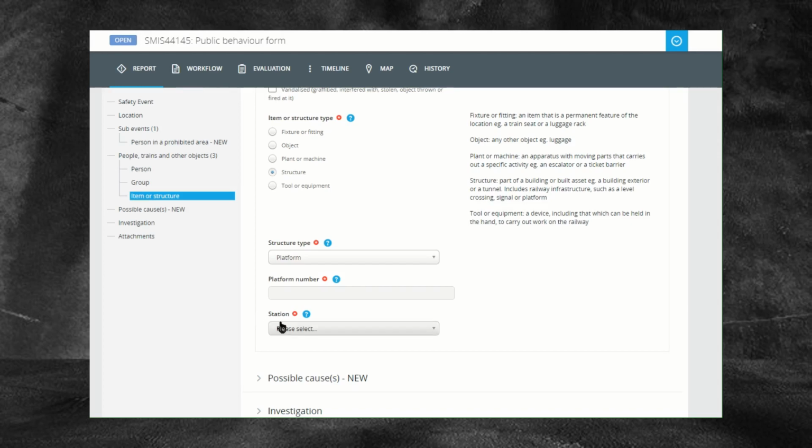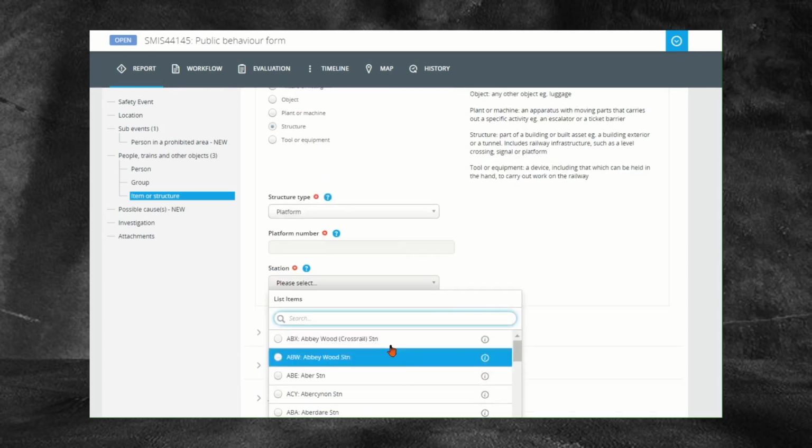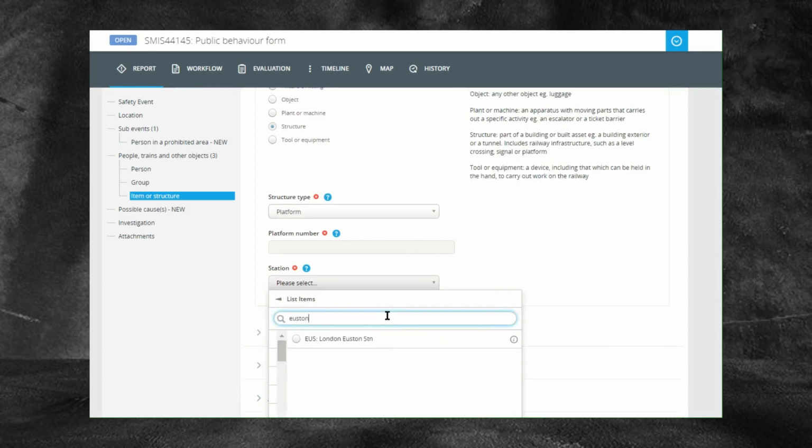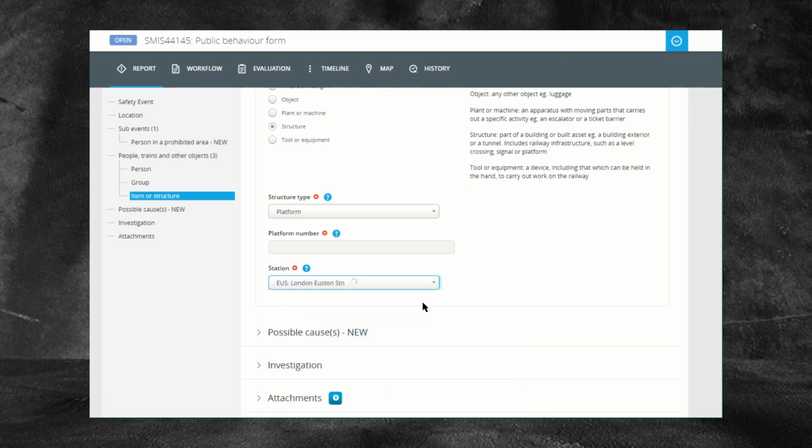So if we wanted to select Euston, we'd go in here, we'd type in Euston, and Euston Station would come up. So you'd be able to say that Euston Station was the entry point for the trespass.